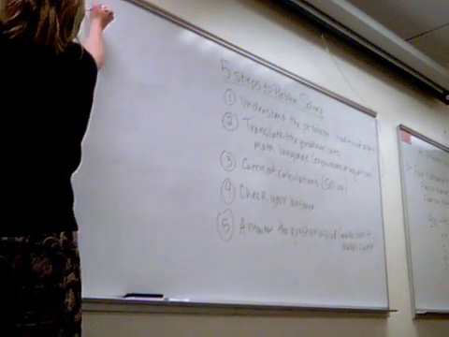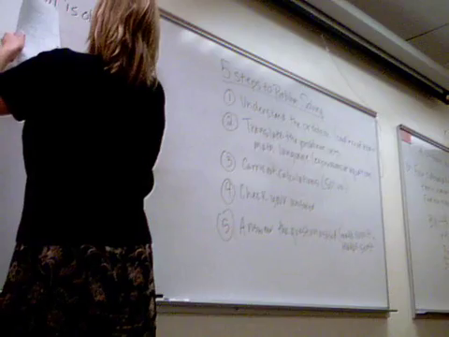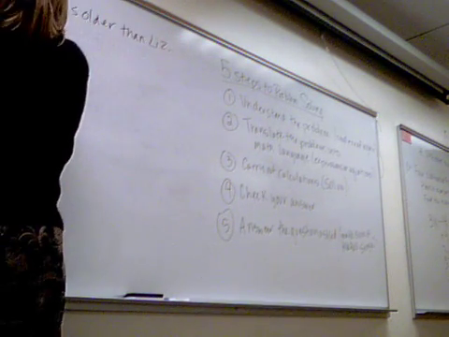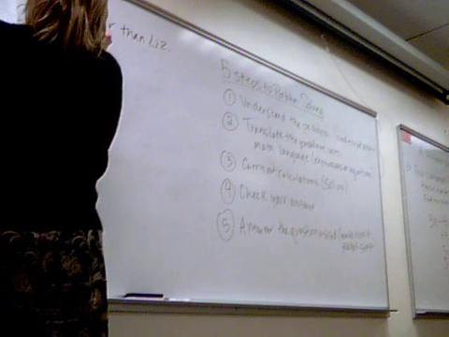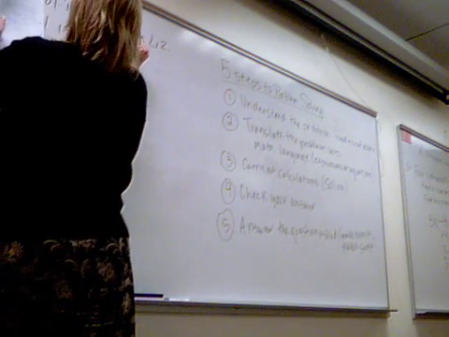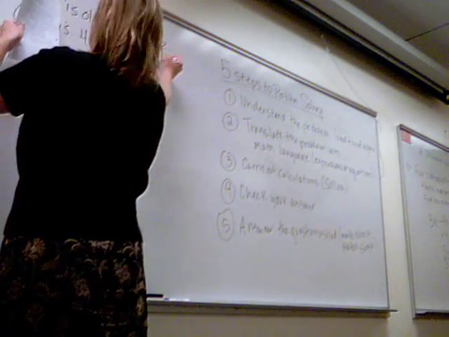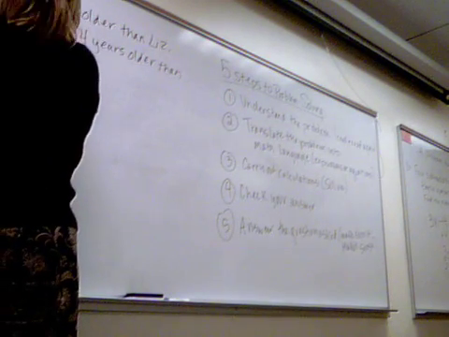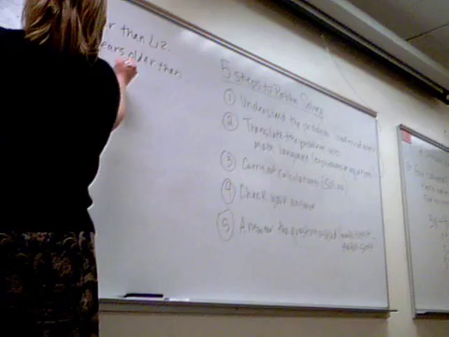Carol is older than Liz. Carol is 4 years older than 3 times Liz's age.